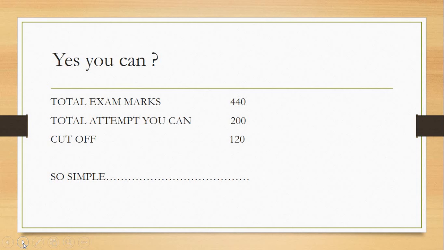So it has lots of options, and you can skip whatever questions you want. Generally the cutoff for the general category is 120. So it is basically easy to clear the CSIR exam if you are regular and sincere in your study.